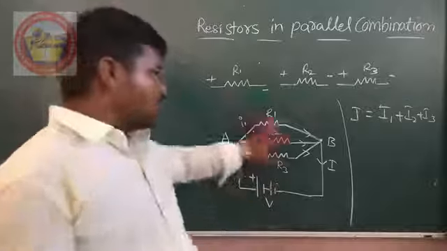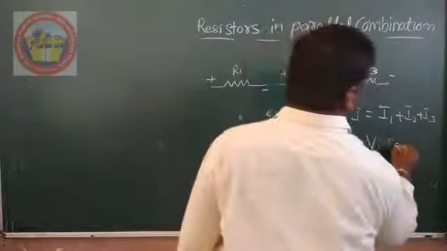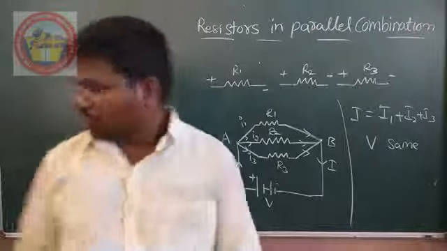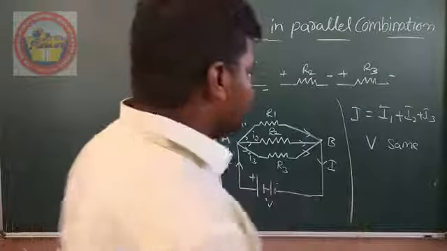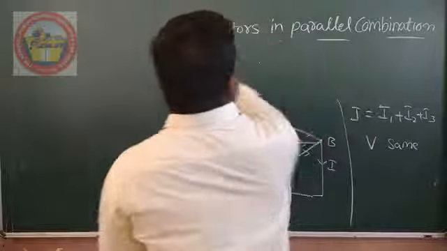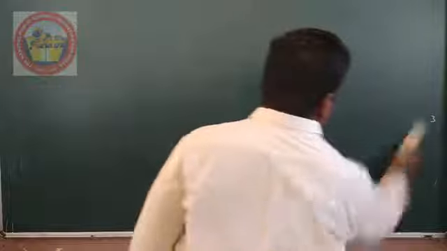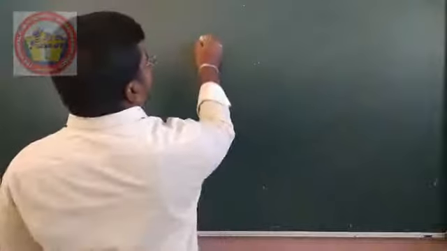Throughout the circuit, the potential difference V is the same. For understanding, I will draw the parallel circuit once again, and we can derive the final formula.